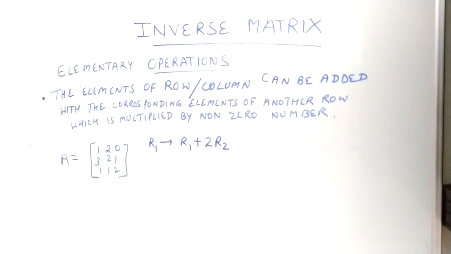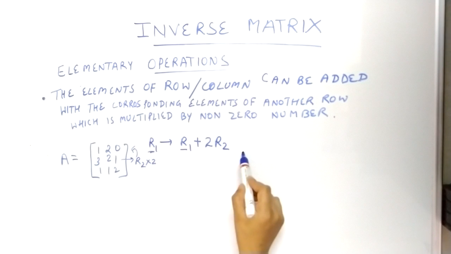with R2. So that means my row 1 will change to R1 plus 2 into R2, meaning the corresponding elements of R2 I will multiply with 2 and then add to R1. So this is your R2, I will multiply this R2 with 2 and then add it to R1.